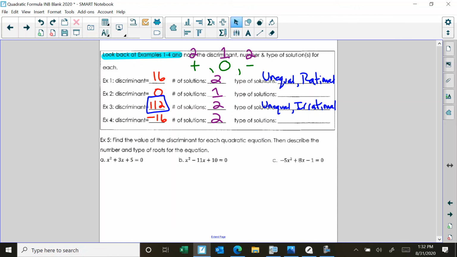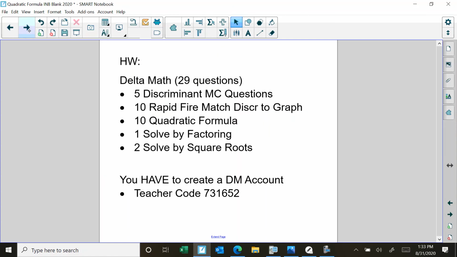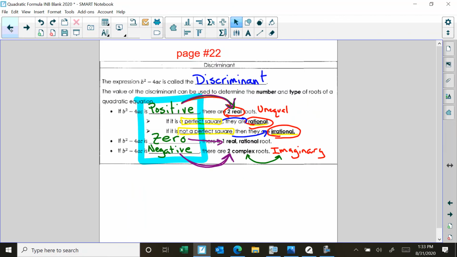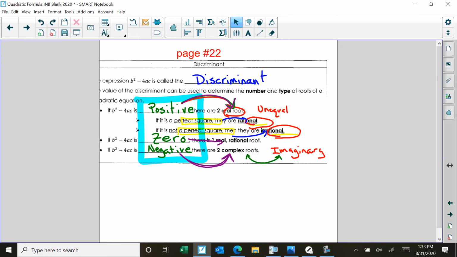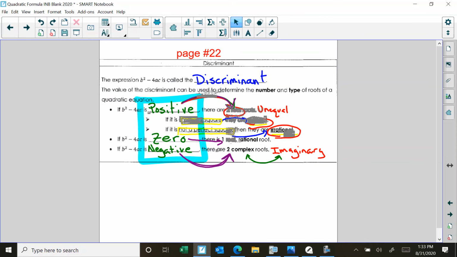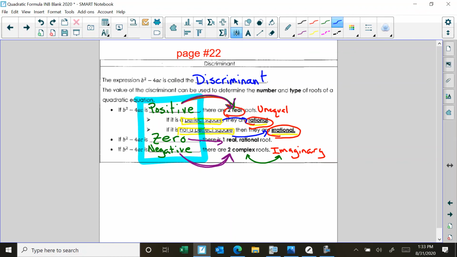All right, so then the next one is the 0. So if it has a discriminant of 0, it has 1 solution. Ooh, wrong way, I'm sorry. 1 solution, and it is, I'm sorry, it has 1 real rational answer.